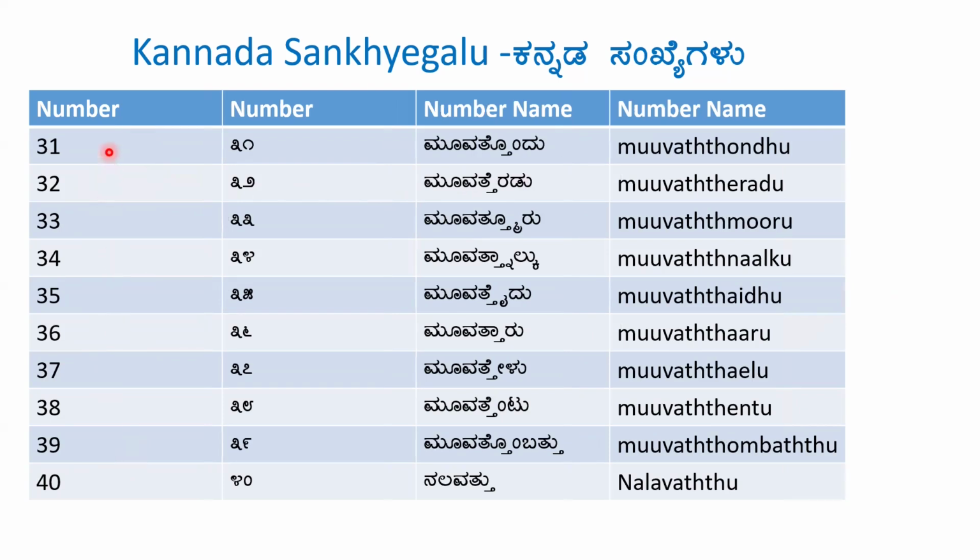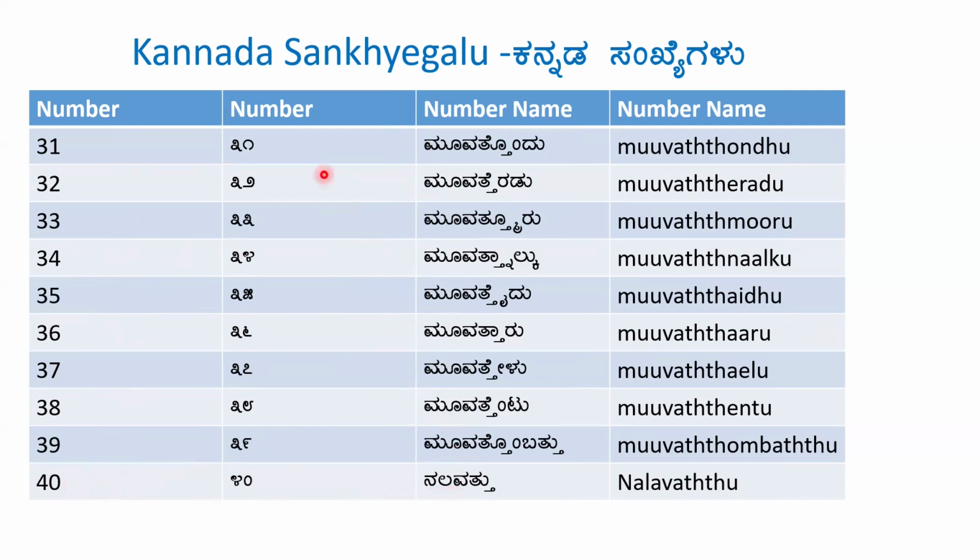Numbers 31 to 40: 31, 32, 33, 34, 35, 36, 37, 38, 39, 40.